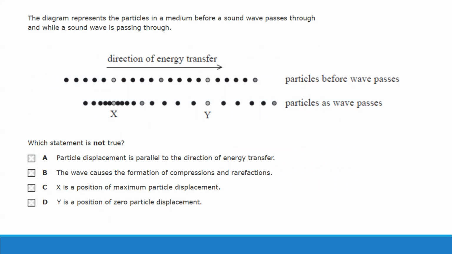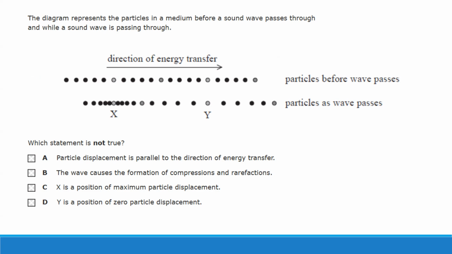The diagram represents the particles in a medium before a sound wave passes through and while the sound wave is passing through. Which statement is not true? Okay, is A true? Particle displacement is parallel. Yes, true, because it's a longitudinal wave. How about B?